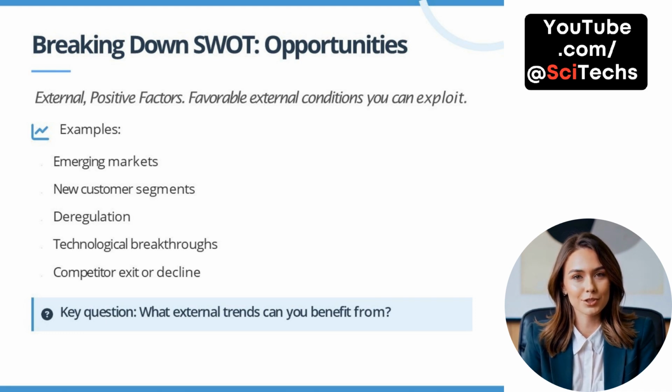These might include emerging markets that open new revenue streams, new customer segments that align with your existing capabilities, deregulation that reduces barriers to entry, technological breakthroughs that enable faster, better, or cheaper processes, and competitor exits that leave gaps in the market. For an engineer or scientist, opportunities may include a shift in industry demand for sustainable materials, increased funding for clean tech, or access to open-source design tools.